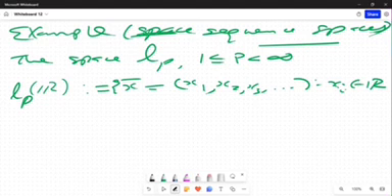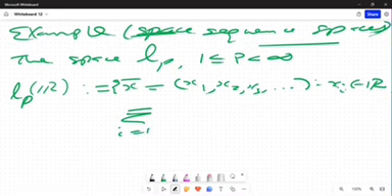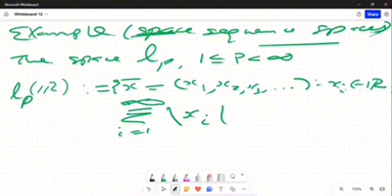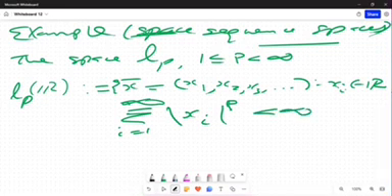So each xi belongs to the real number system, and if you claim that this sequence belongs to LP, what you are simply saying is that the summation, with i counting from 1 to infinity, of the modulus of each xi to power p must be summable, must be less than infinity.